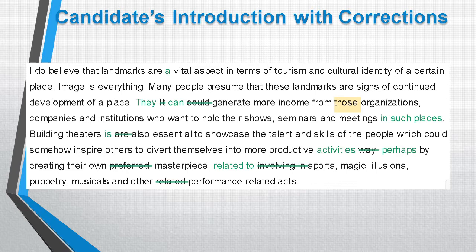You can just use they, it, he, she, and it saves the repetition. But when you do it, you must be clear, otherwise it's confusing, which is what has happened here. So we've changed it to they: they can generate more income for those organisations, companies and institutions who want to hold their shows, seminars and meetings in such places.